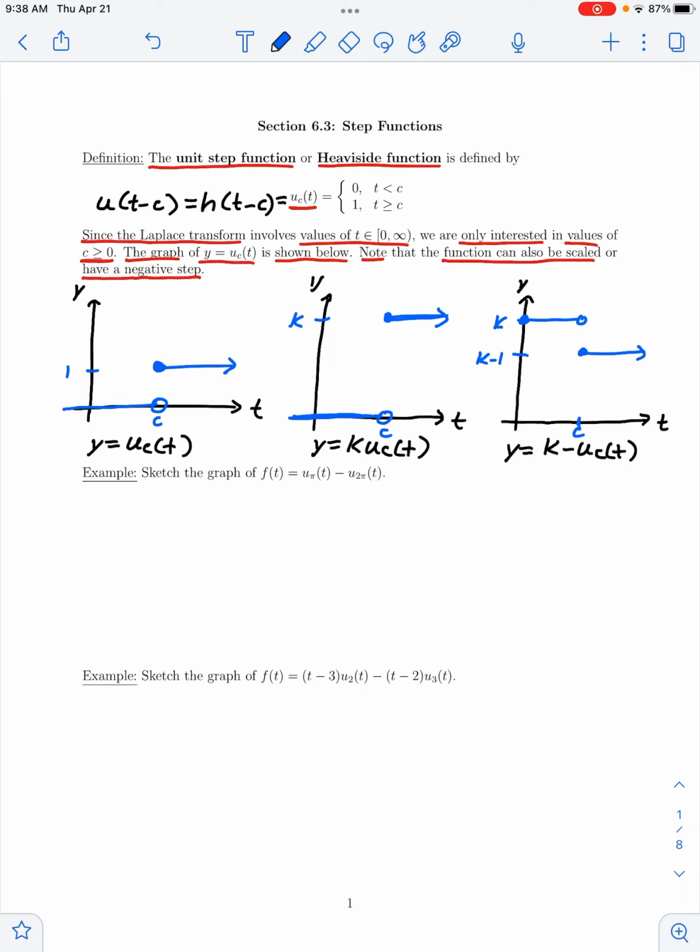So we can scale this unit function by multiplying by a positive or negative constant to scale the size of our step, including a step in the negative direction.